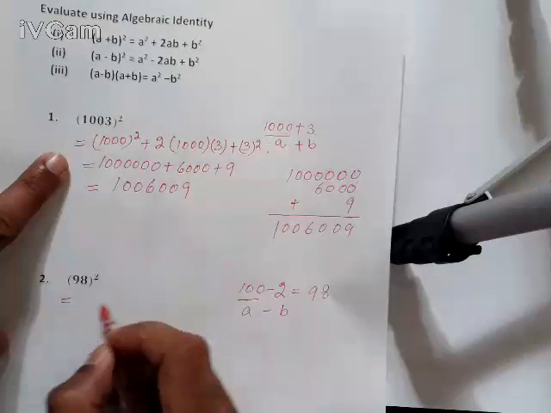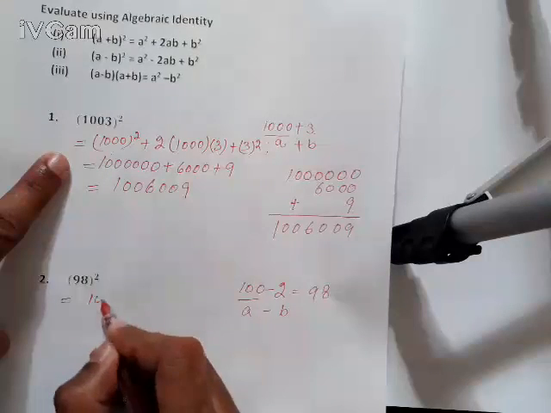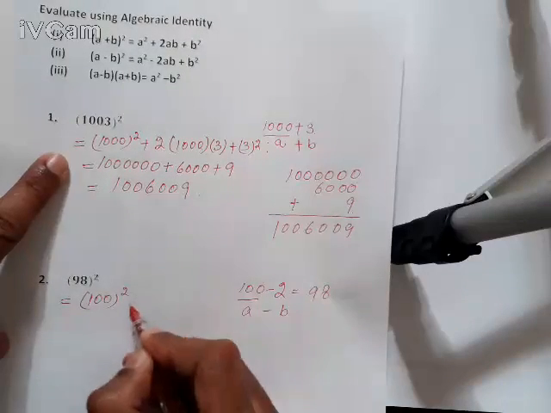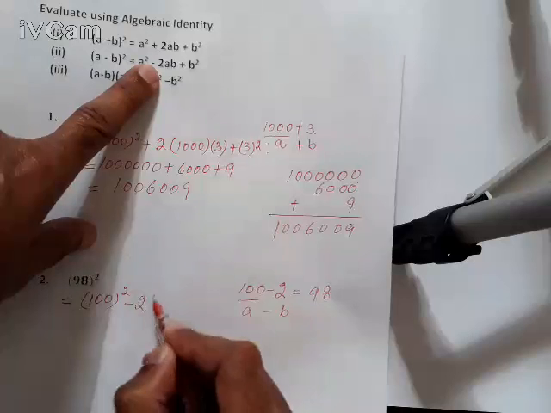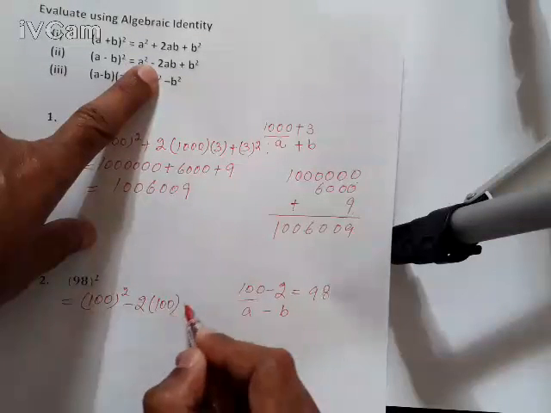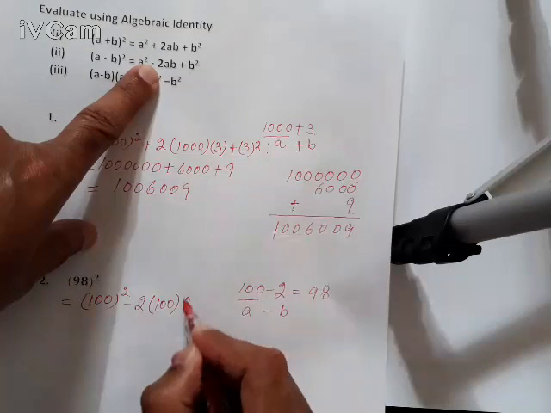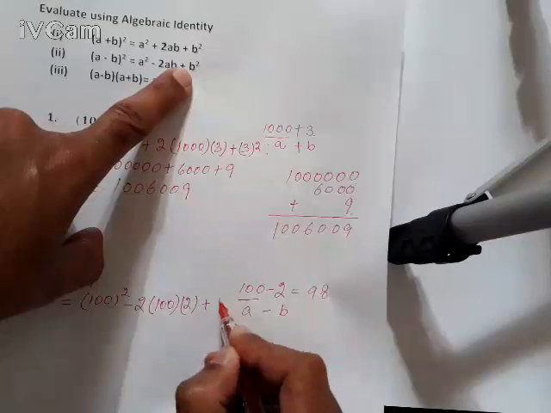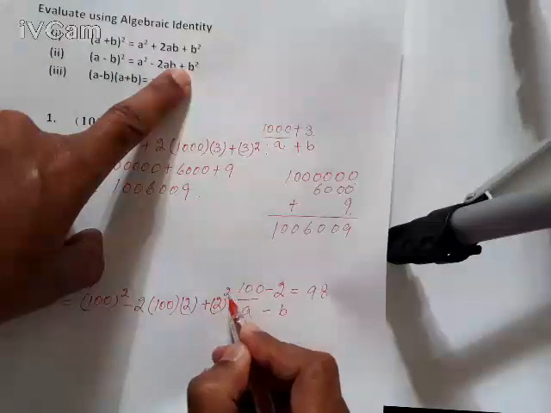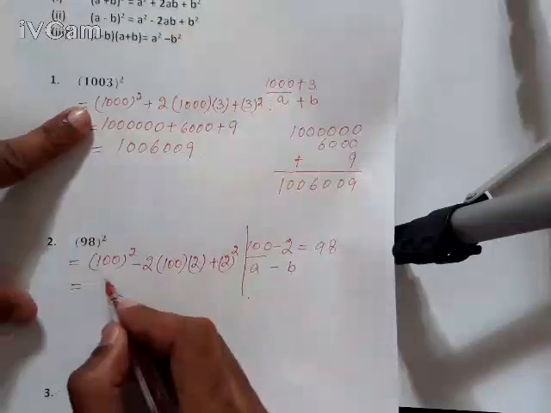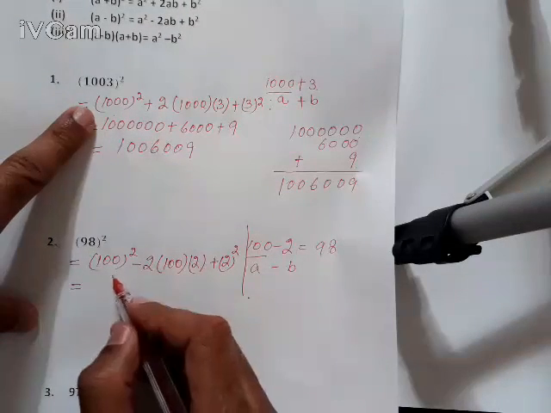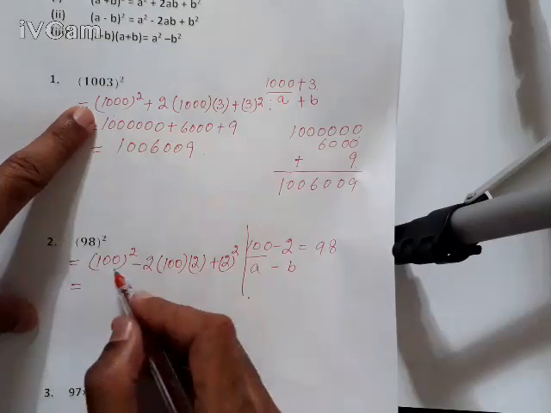Now the value of a is 100 whole square minus 2, the value of a is 100, the value of b is 2, and then plus the value of b is a square. Now which is further equal to 100 square, means you have to multiply 100 into 2 times, so double the values.